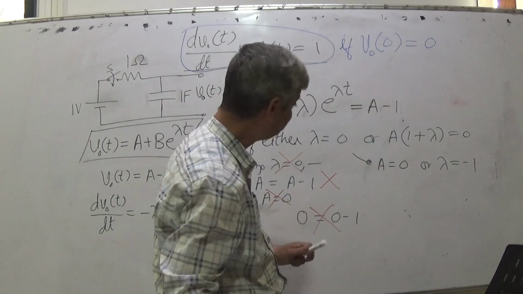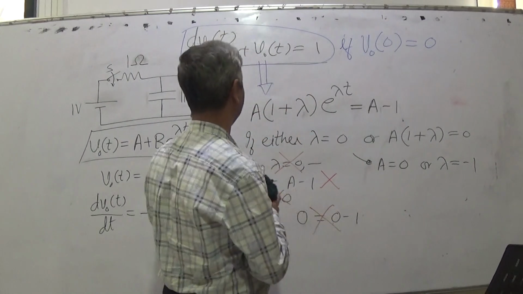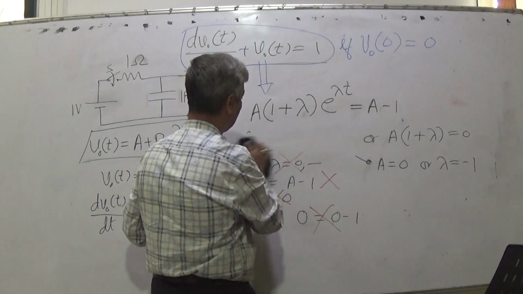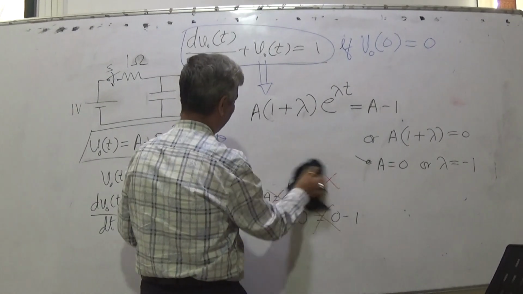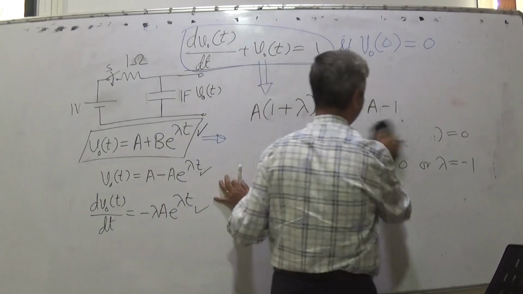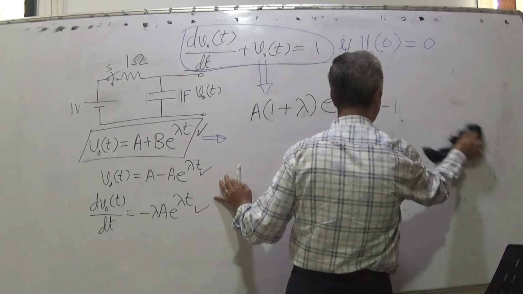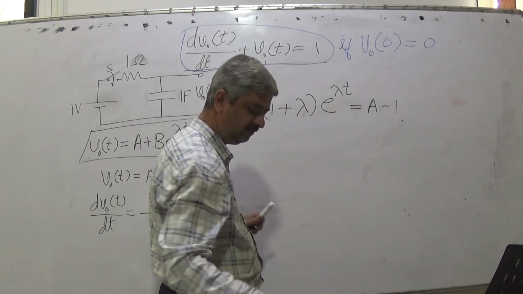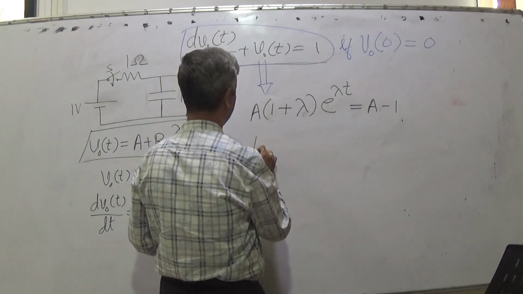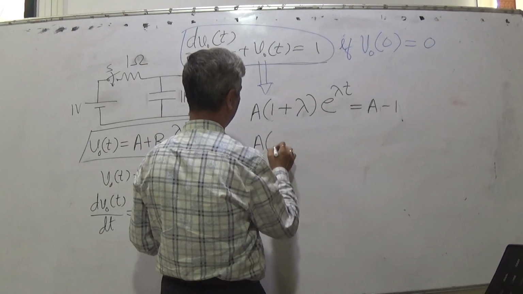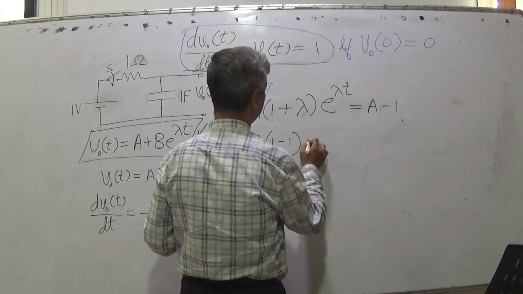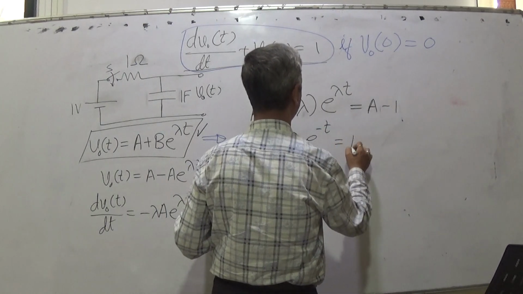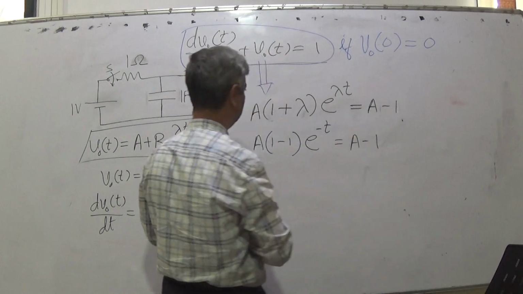Then put lambda equal to minus 1. So when you put lambda equal to minus 1, what will happen? I will write it out. Lambda equal to minus 1. Then we can say, putting lambda equal to minus 1, a into bracket 1 minus 1 e raised to minus t is equal to a minus 1.